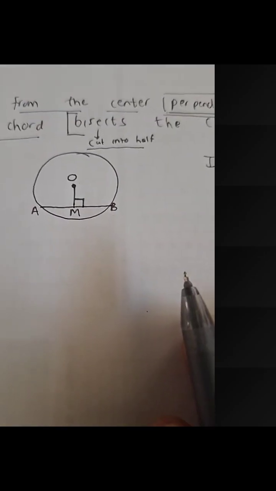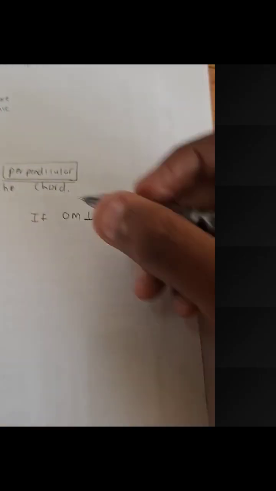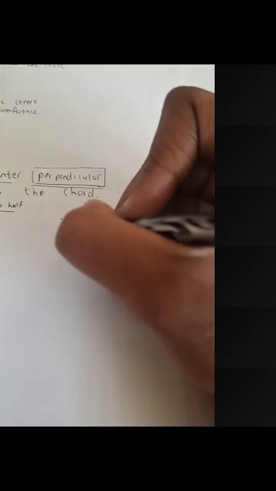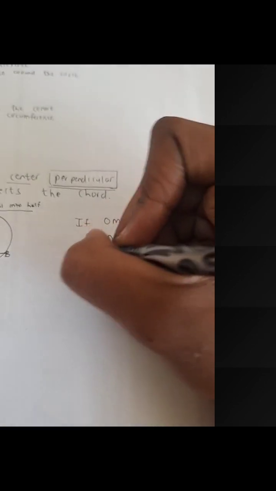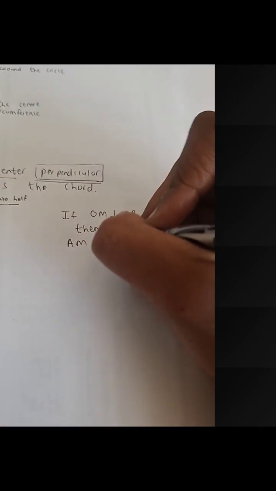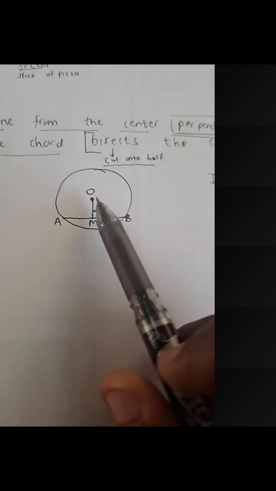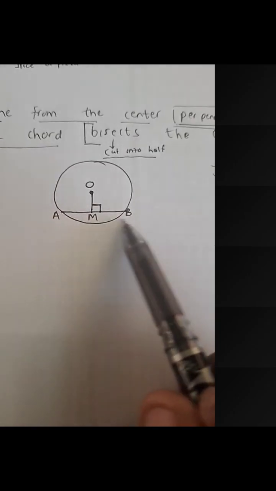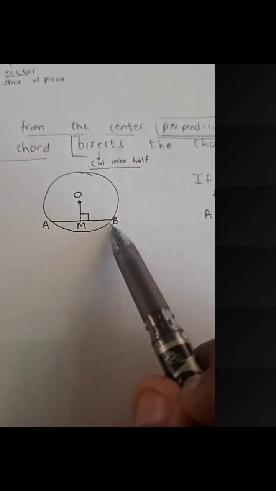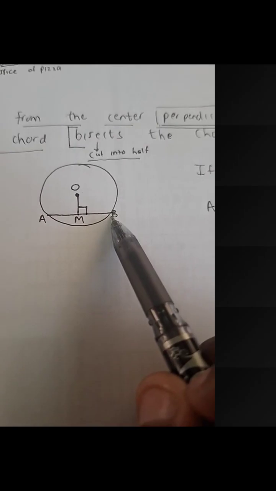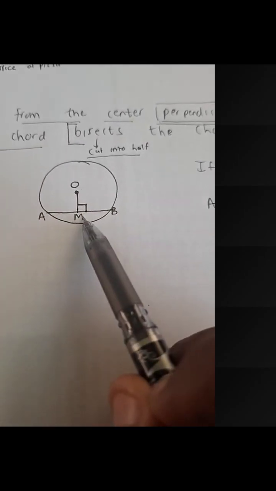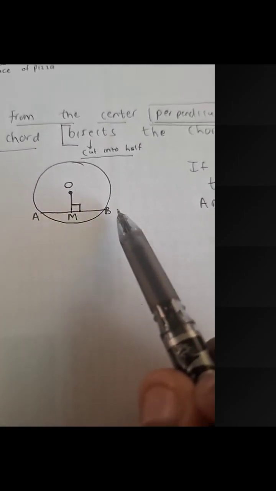Then what is the result? The result is AM is equal to MB. In other words, this line bisects the chord. What did I say bisect means? It means that AB is cut into half so that AM is equal to MB.